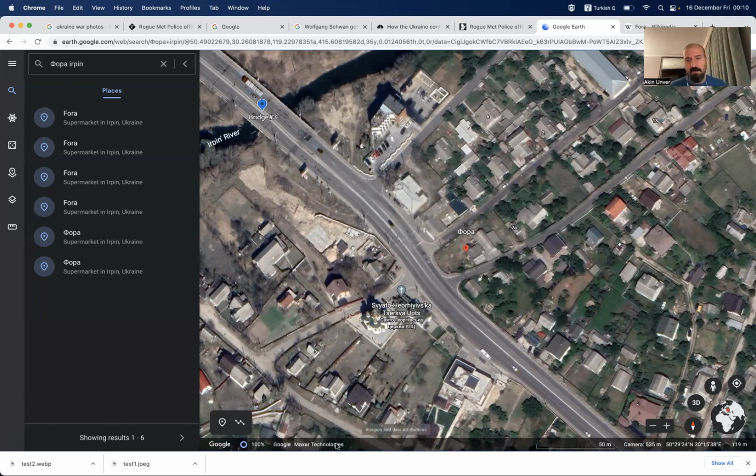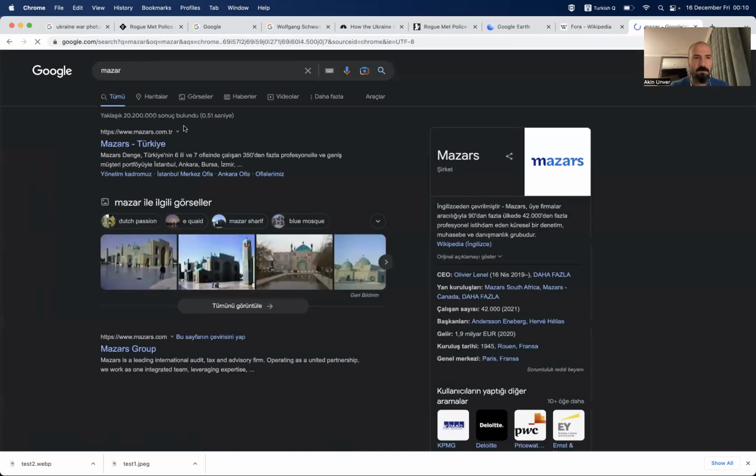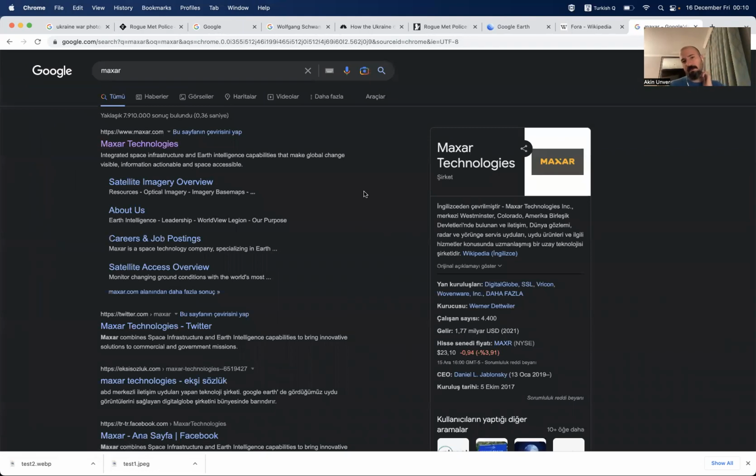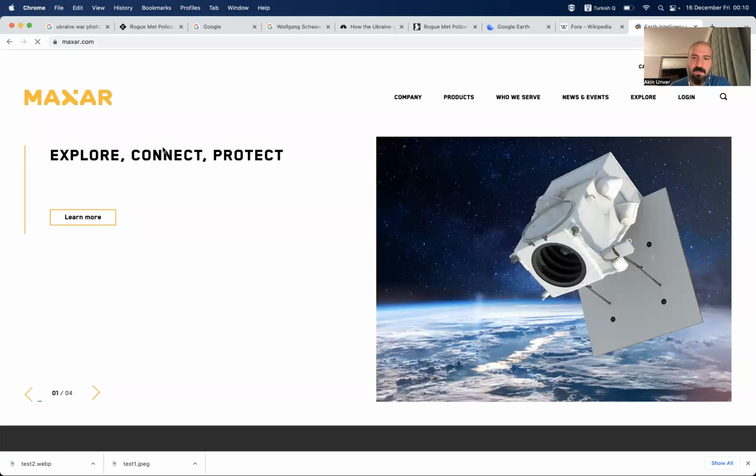This part of the imagery is taken from Maxar. Sorry, not Mazar, it's Maxar. Maxar is a very big private satellite imagery company. And it's also quite popular.